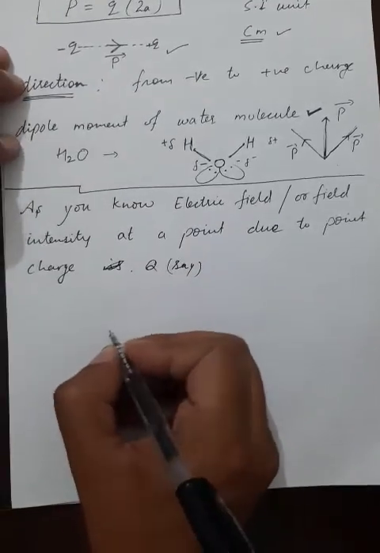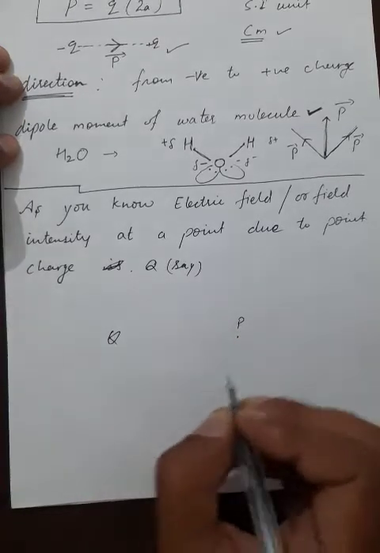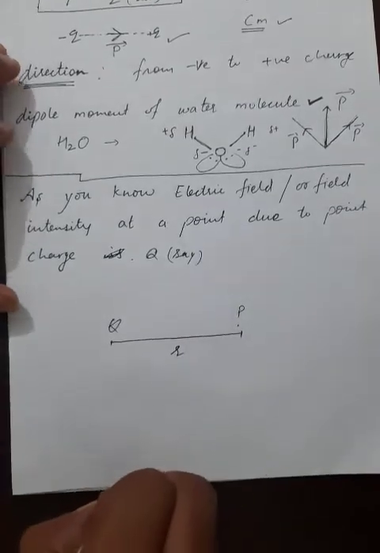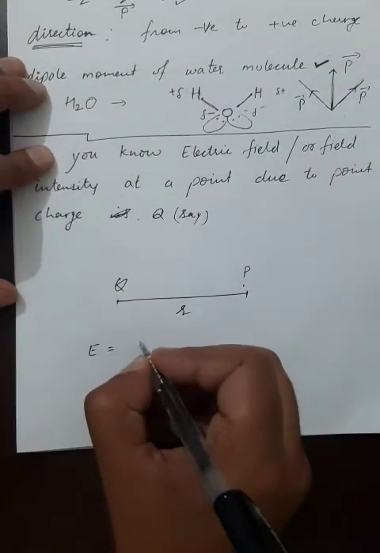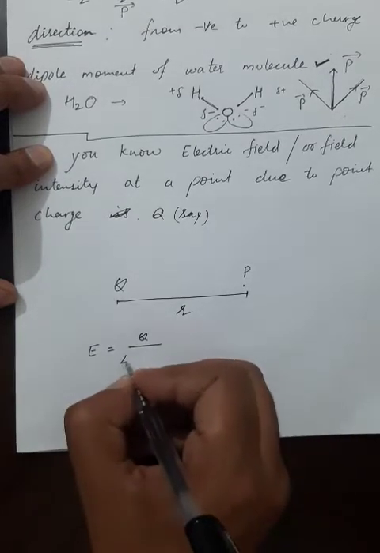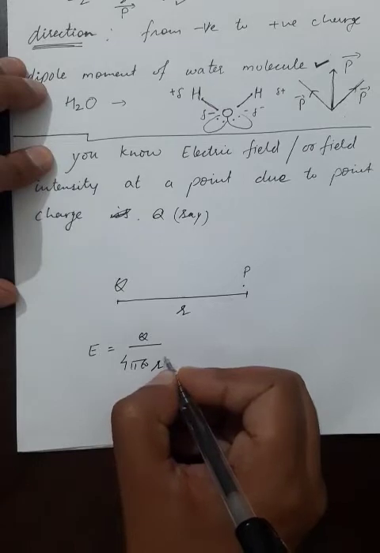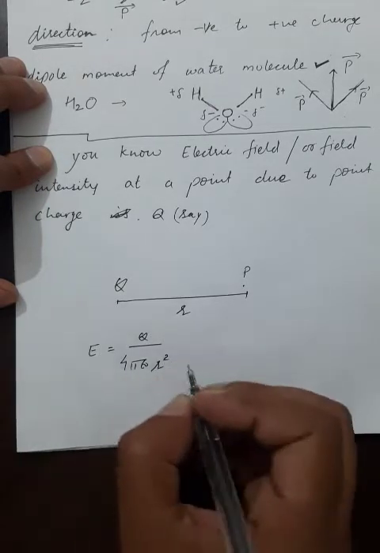If this is the charge Q and we want to find the electric field intensity at a point P, which is at distance r from the charge, then electric field intensity is equal to Q over 4 pi epsilon naught r square.